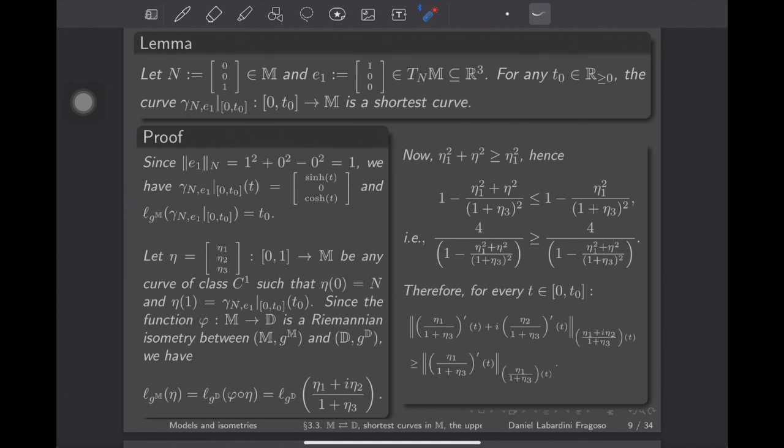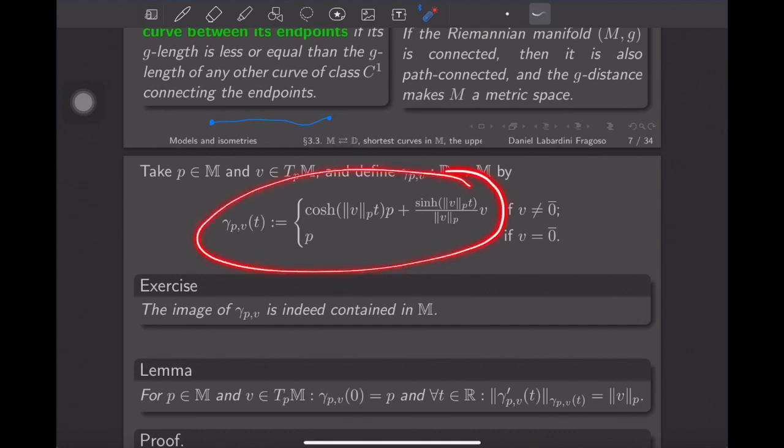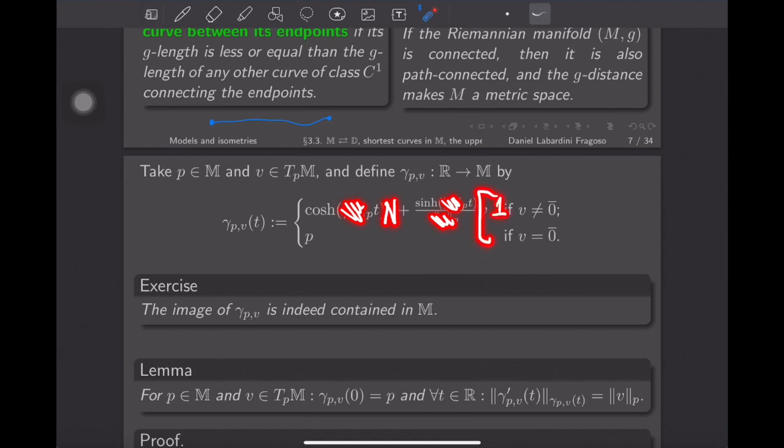Now this norm is then equal to 1. The Minkowski norm, so here it's equal to 1. So in this expression, this is 1, this is 1, this is n, which is 0, 0, 1, and this is 1, 0, 0.